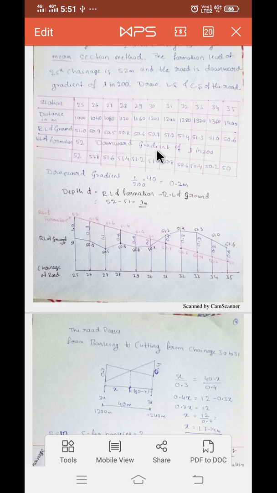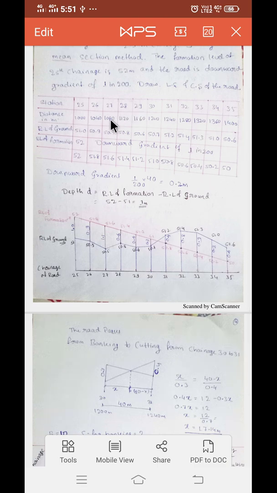As here it is downward gradient, we'll have to deduct it from 52 meter. So 52 minus 0.2, it is 51.8, again minus 0.2 it is 51.6, again minus 0.2 it is 51.4, continued till the 35th chainage. For 35th chainage, the RL of formation is 50 meter.